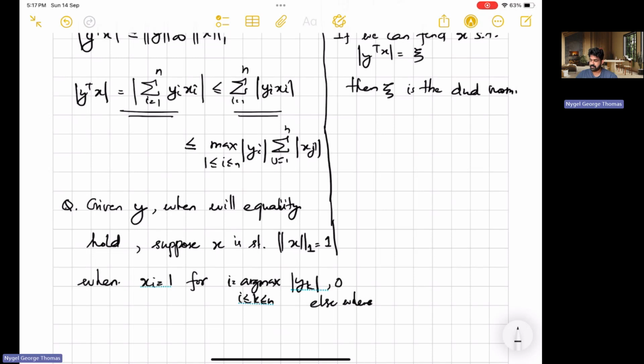Right? It has to be non-zero for this case, and for all the other cases it has to be 0.